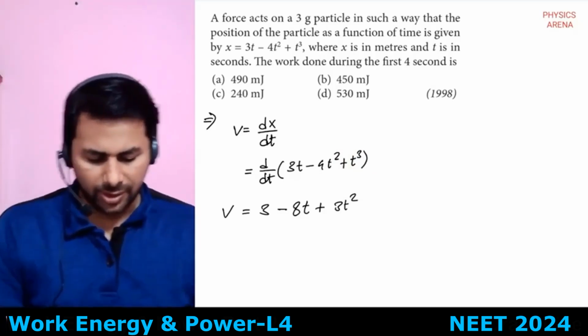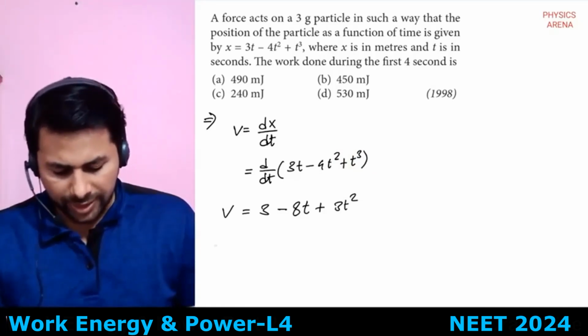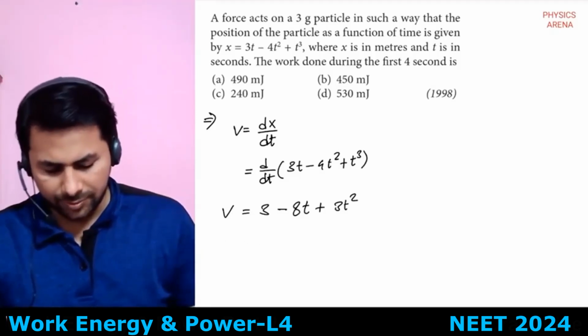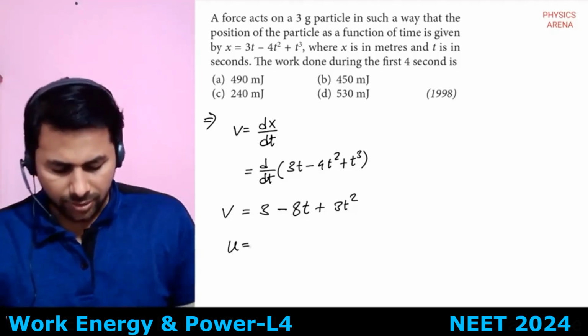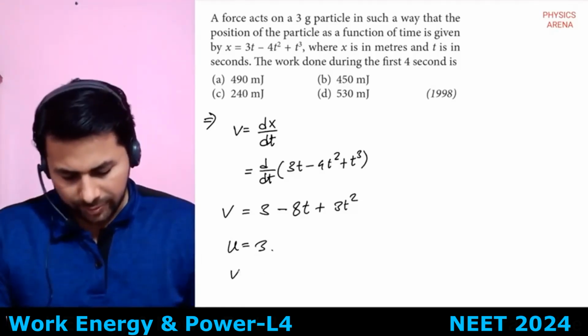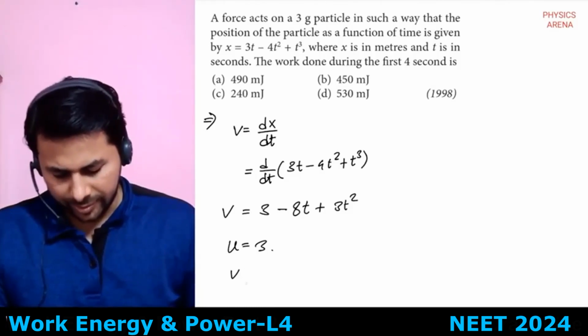So that's your v. What is v at t equals 0? That is u. So u is equal to 3 because t is 0. And what is v? v is this.